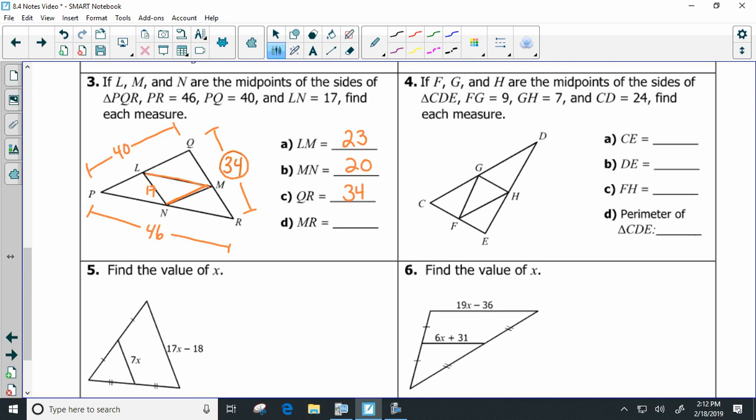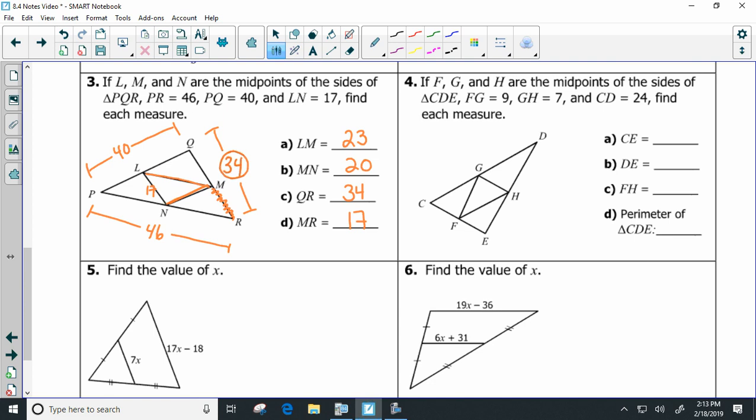And the last one says find MR. Well, M is a midpoint, so MR and MQ have to be the same length. If it's right in the middle of QR, which is 34, half of 34 is 17. So you'll notice the lengths of those mid-segments will show up again.